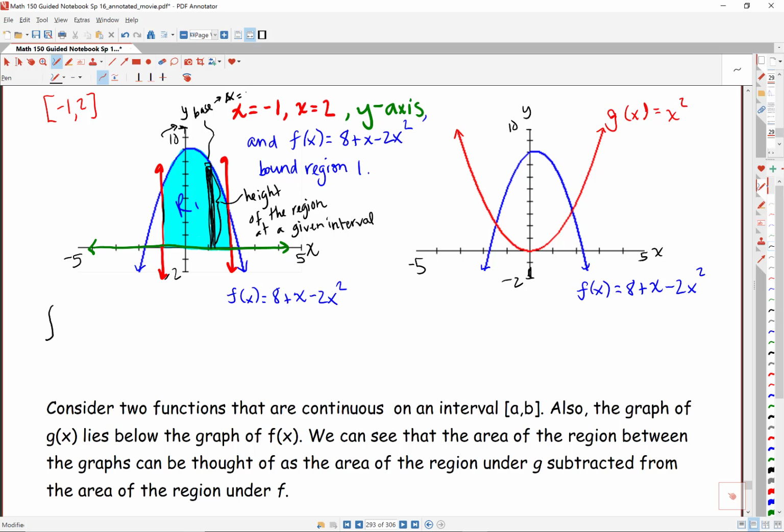So in this case, our first graph, if we're looking up and down, is really going to be the blue graph because that's your topmost graph. So you always want to do your topmost minus bottommost, if that's even a word.